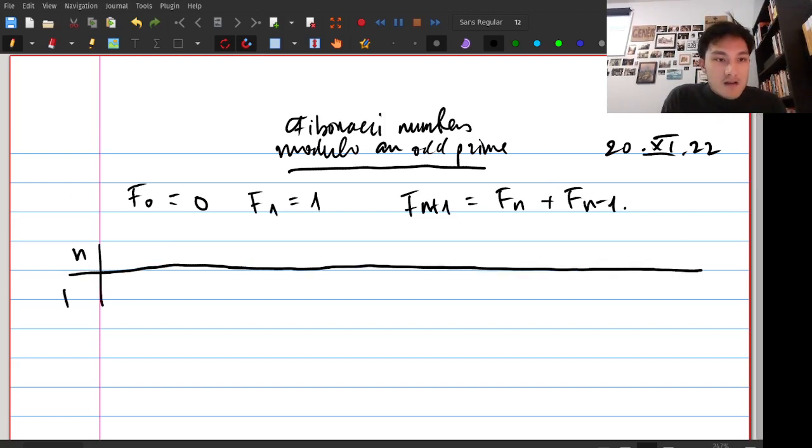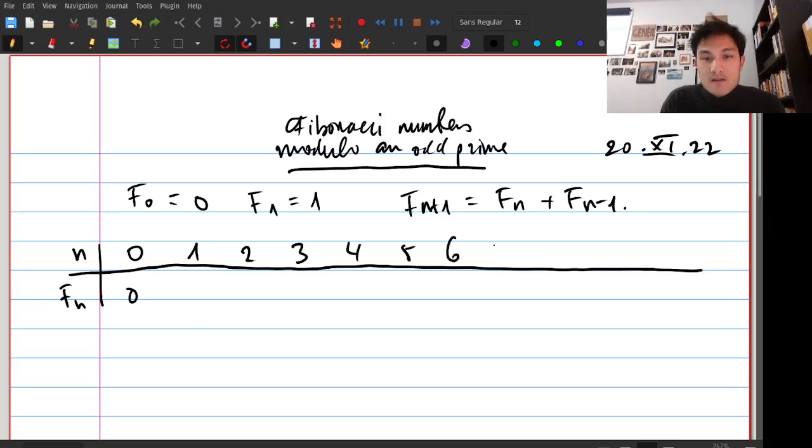So here's n and here's fn. So we already said f0 is 0. Here, let me write all the numbers out first: 4, 5, 6, 7, 8, 9, 10. I want to go up to 12 for the examples. Okay, so 0 and then 1. You need to set the first two, and then from here you can get the rest of them.